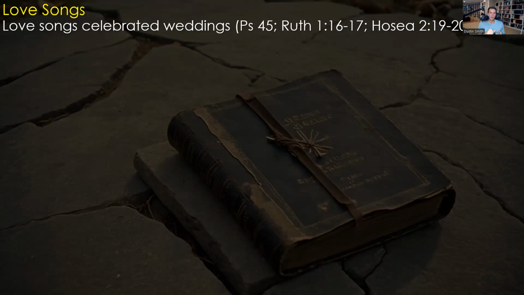So we're thinking of someone like Solomon, who had a variety of wives, or maybe Hezekiah, maybe Josiah, because it deals with the psalmist getting married, and it addresses the groom. It also addresses the bride. There's also a love song in a couple verses there in Ruth, chapter 1, verses 16 through 17, and also a couple verses there in Hosea. So you get it there in the prophets as well.